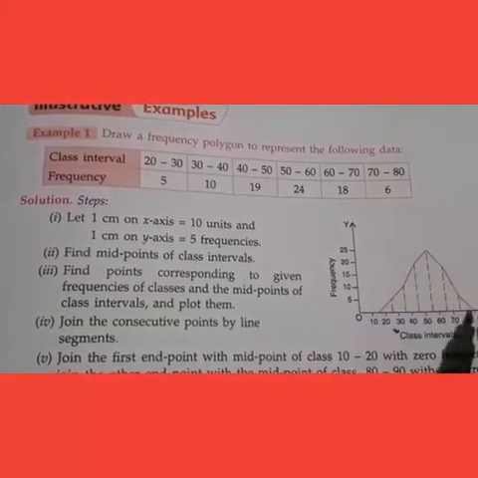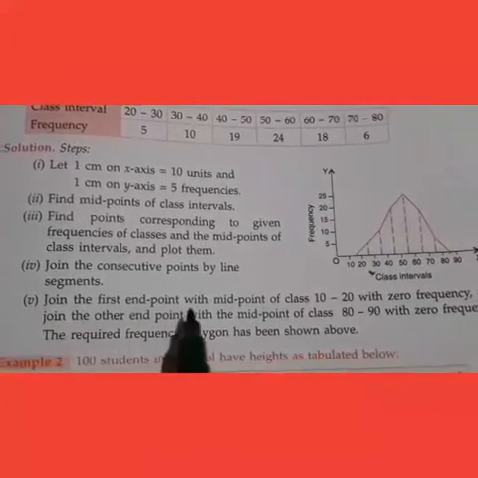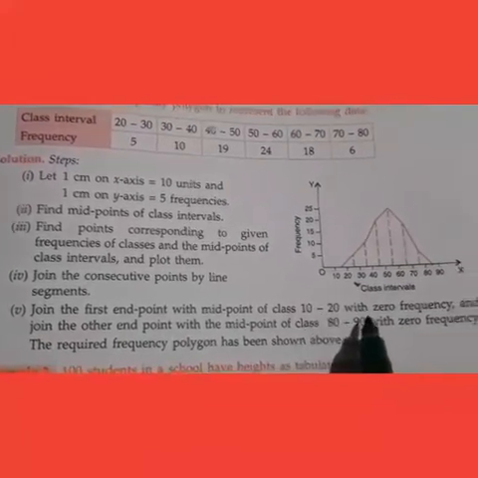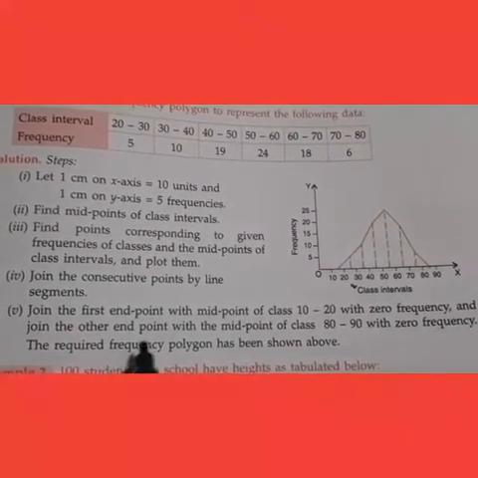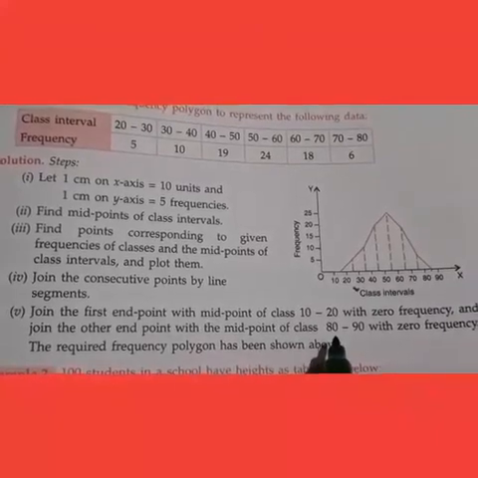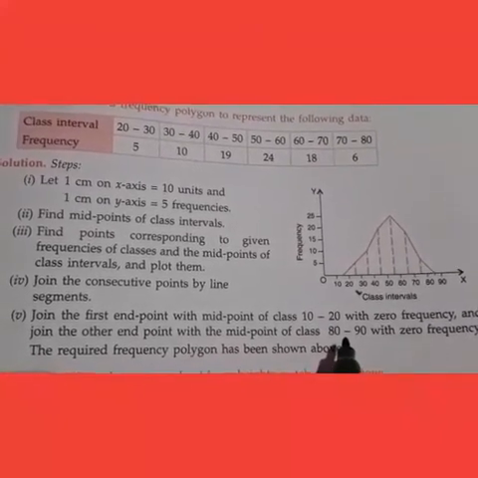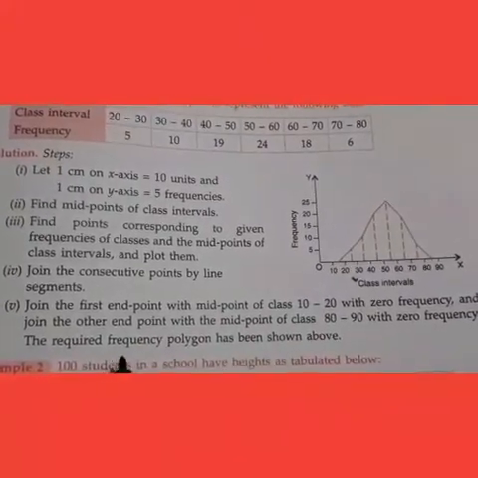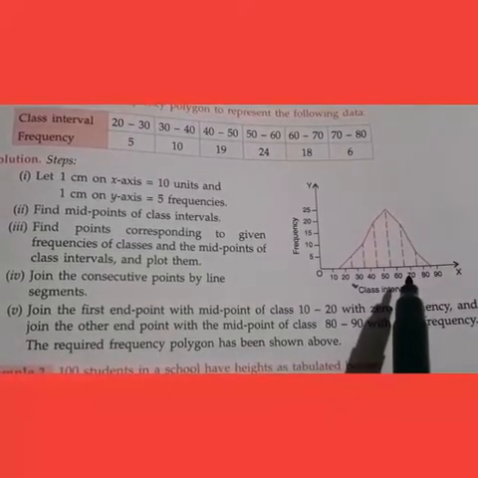When we join all the points, we get the frequency polygon. Join the first end point with the midpoint of the class interval 10 to 20 with 0 frequency, and join the other end point with the midpoint of 80 to 90, the last interval, with 0 frequency. Thus we get the required frequency polygon.